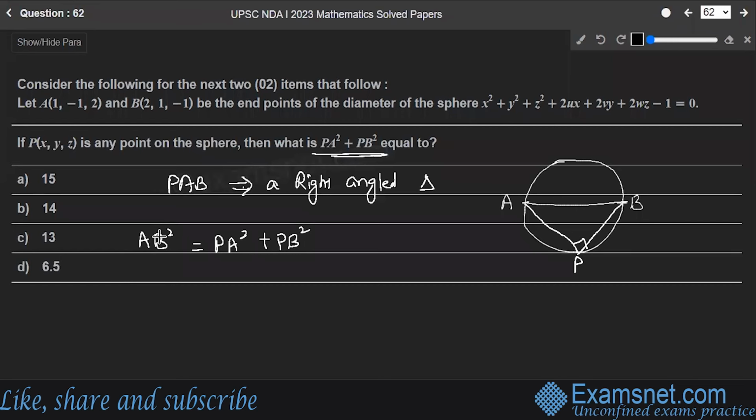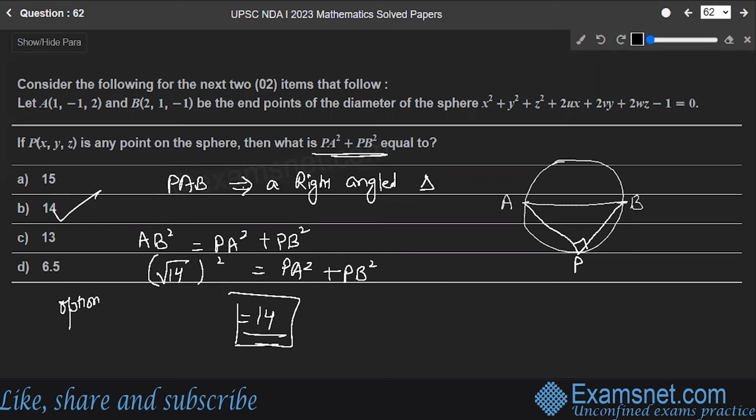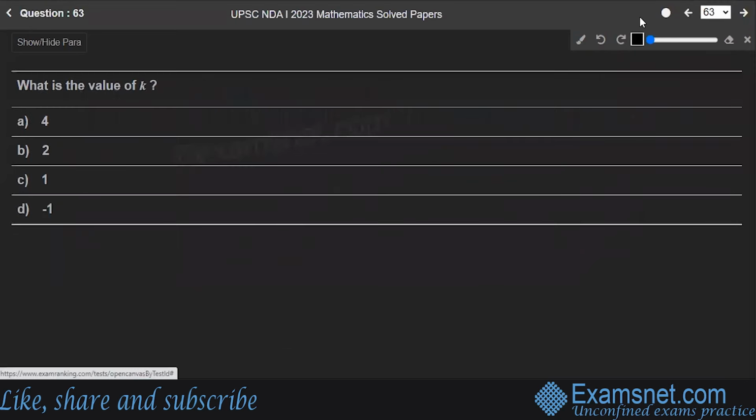What is AB square? In the last question, we calculated AB was equal to root of 14. So root of 14 square is PA square plus PB square, which gives you answer as 14. So we have option B as the correct answer. Hope you got this. Then let's move to the next question number 63.